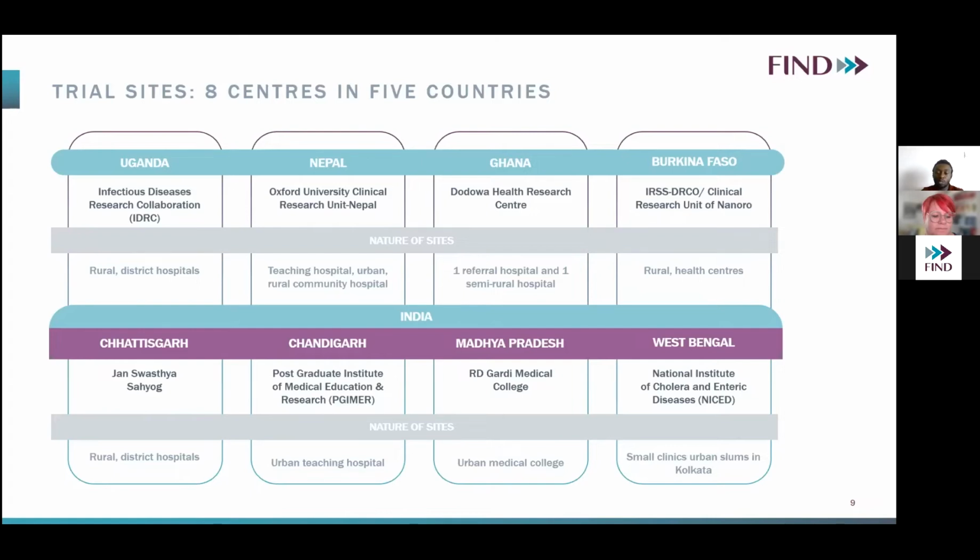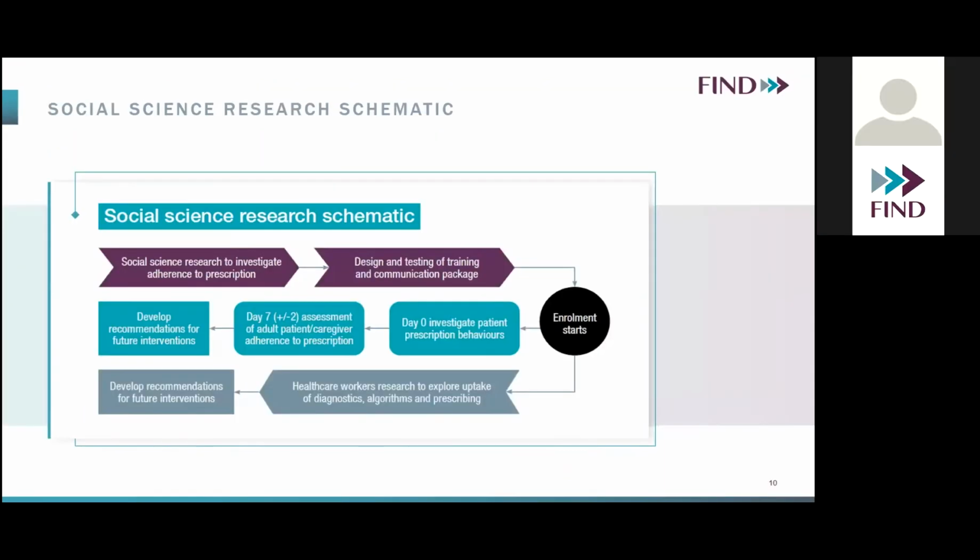So in the social science, as I've mentioned before, we started with a baseline study to evaluate patient behavior and health worker prescription behavior. Then we used the data collected from that to design a training and communication package, which we use to train patients, caregivers, and health workers on how to prescribe, how to engage with patients, and then how to adhere to health worker prescriptions.